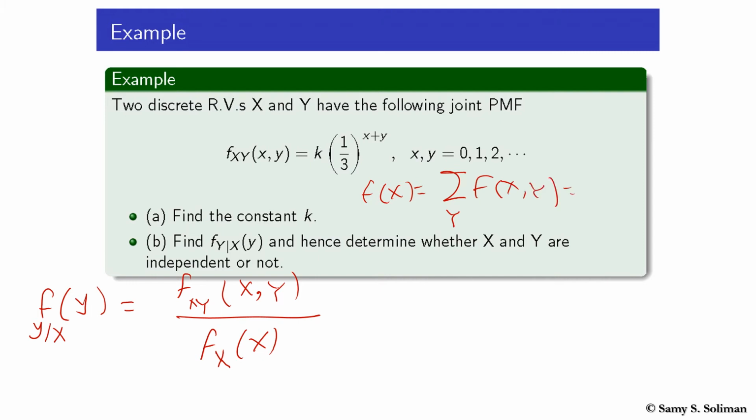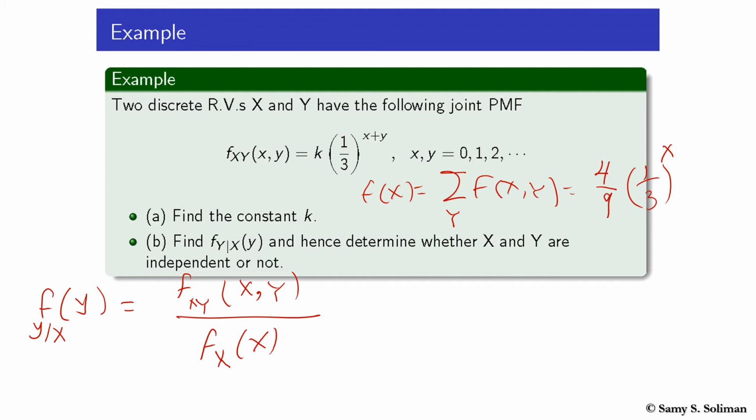If we calculate this summation, we have the constant k, which we calculated as 4 over 9, times 1/3 power x. This is constant with respect to y, so it is taken outside of the summation over y.